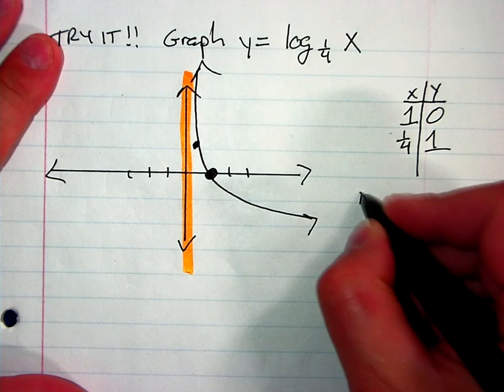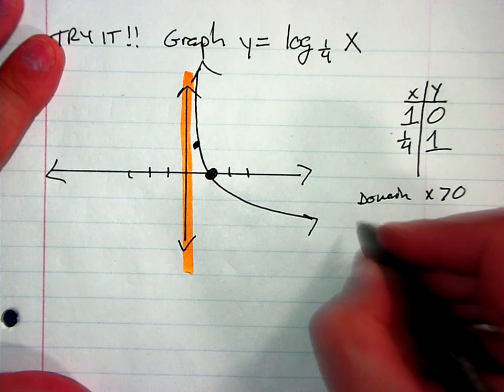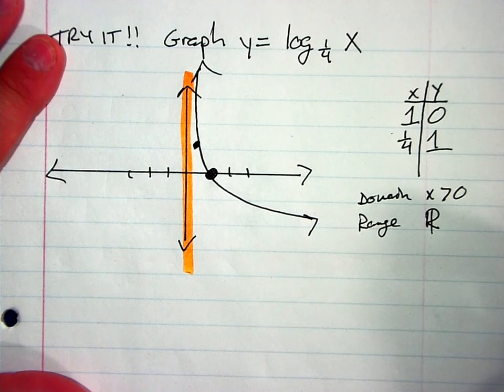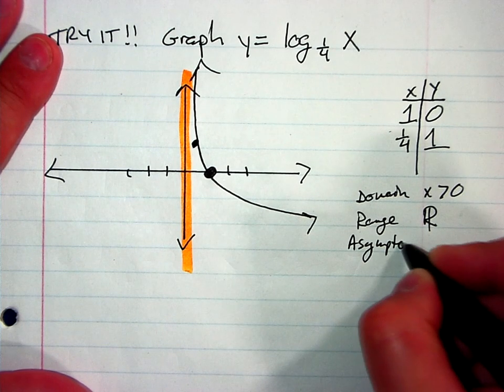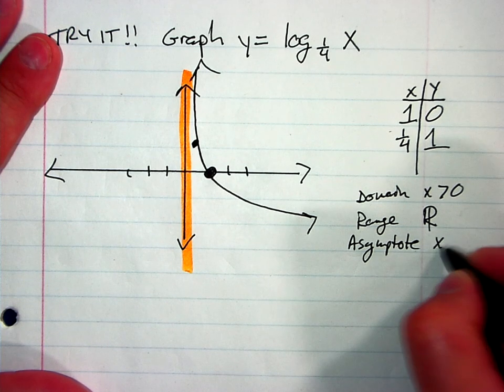All right, my domain is x is greater than 0. My range is all real numbers. And my asymptote is not moving at all, it's x equals 0.